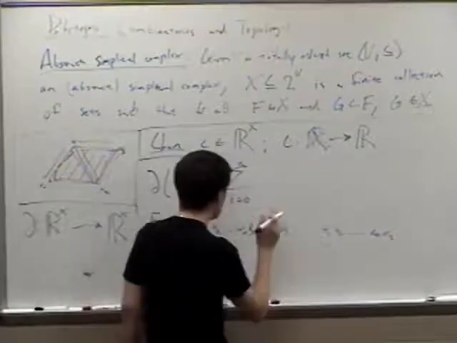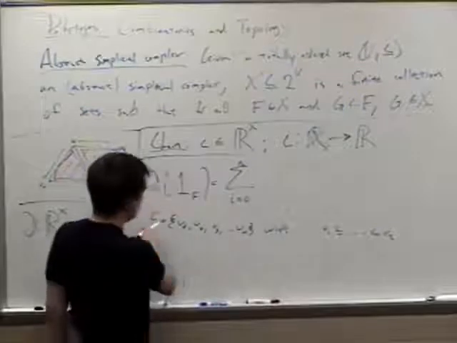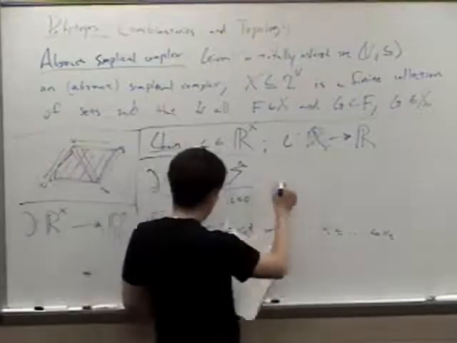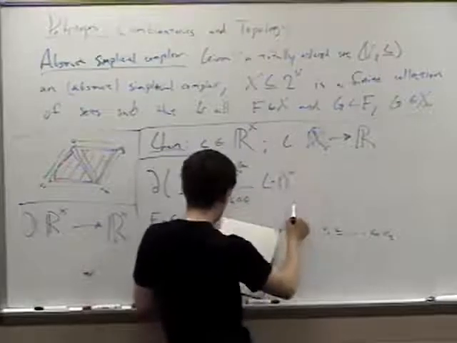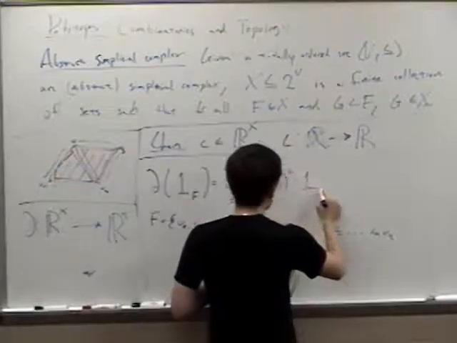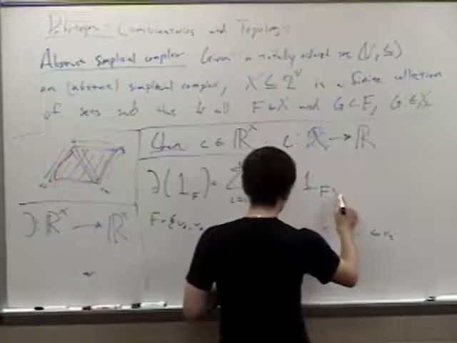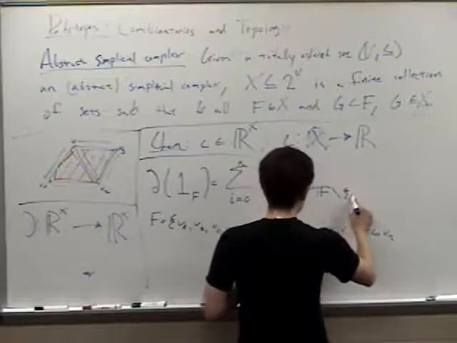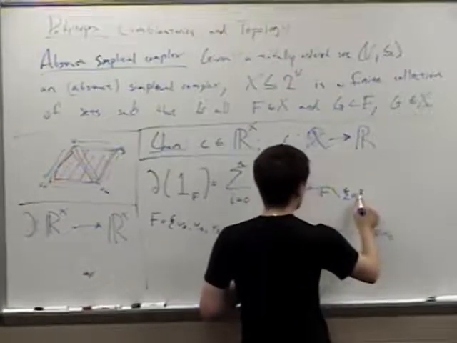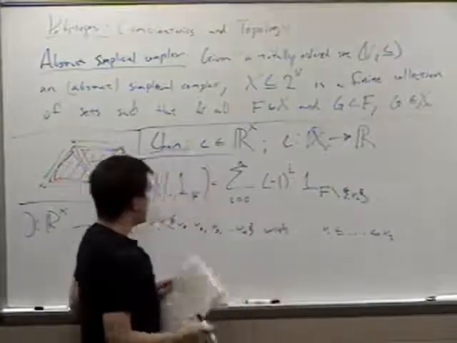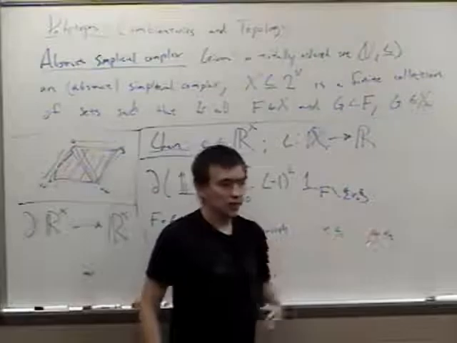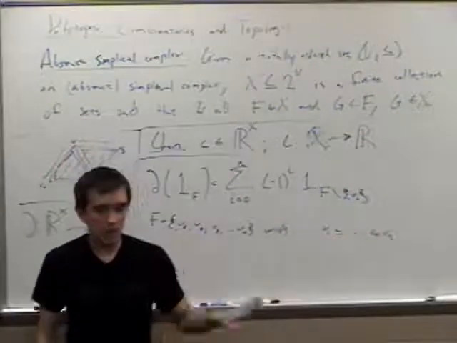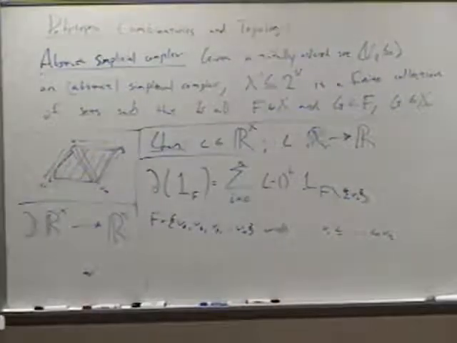So this is going to be -1 to the i times the indicator function of f with the ith vertex in f removed. What we're doing is iterating over all of the sets that we could get by removing one element from f, and then summing them all back up together. All right.